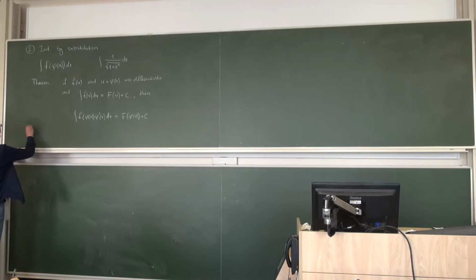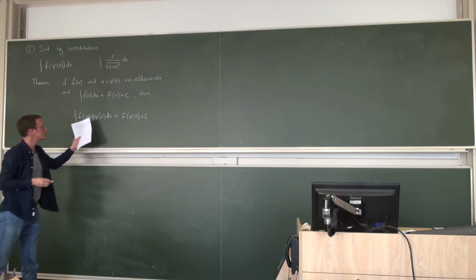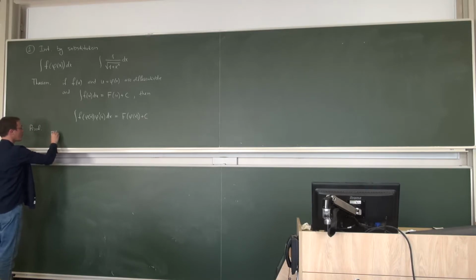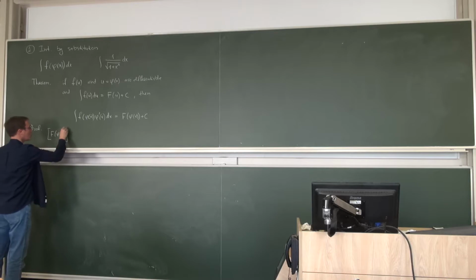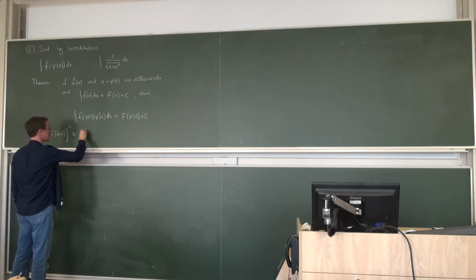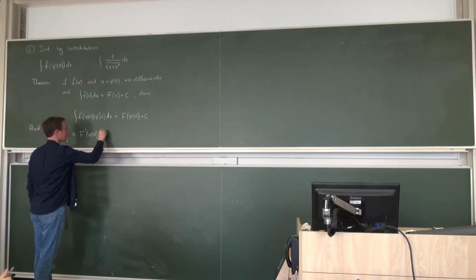So, well, let us just differentiate both sides. So if we have F of phi of x prime, well, that's just a chain rule, so F prime of phi of x, phi prime of x.